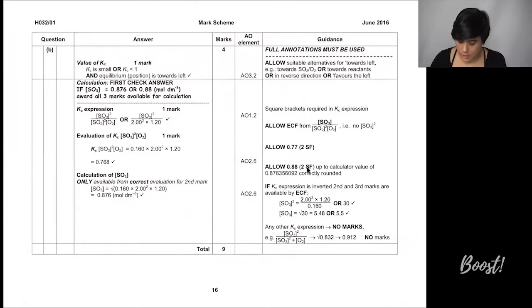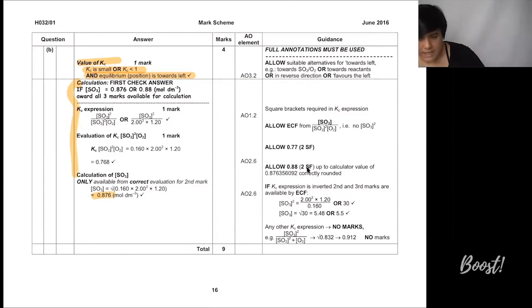Again, just looking at the mark scheme, the value of Kc is small, or Kc is less than 1, and the equilibrium position is towards the left, and then your calculation giving you 0.876. So as I said, in the next lesson, Dr. Owusu is going to focus in a lot more detail on calculations involving Kc.